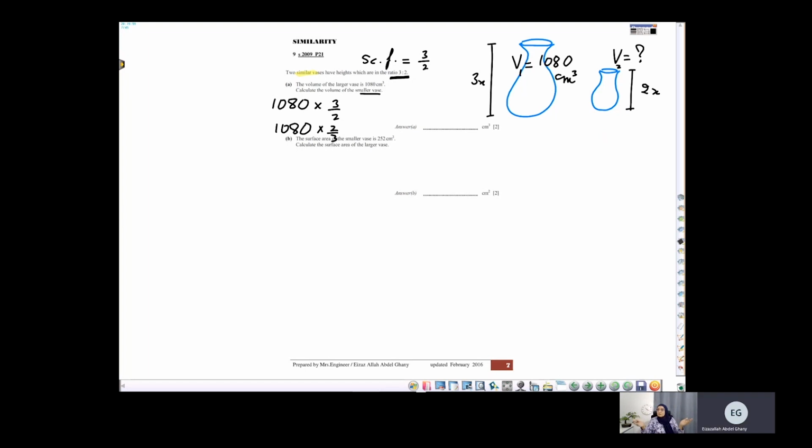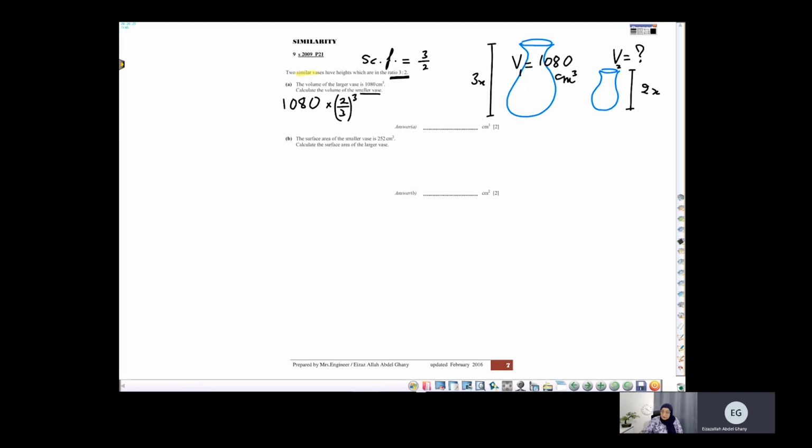What's your target? Making 1080 bigger or smaller? Smaller. So you don't multiply by 3/2, it will become bigger. You multiply it by scale factor, which is 2/3, but cubed. So here, 1080, multiply it by 2/3, but cubed.